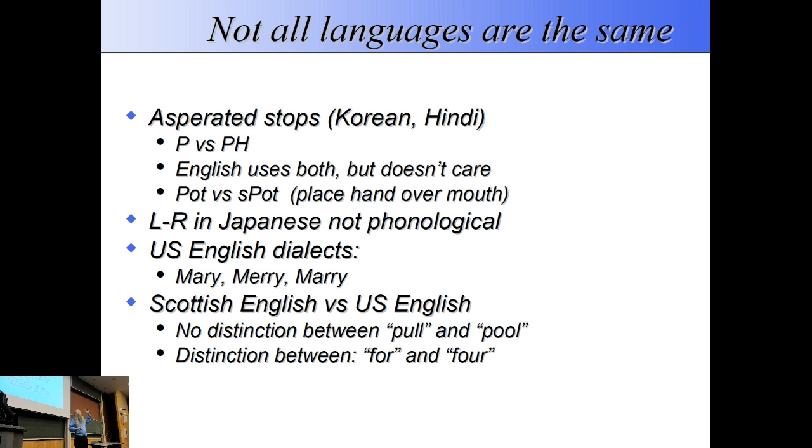Can I get an Indian to read them out? Mary, Mary, Mary. Okay. So in Indian English, there are 3 different vowels. I can't remember the order that I have them in. Same in British English. We have Mary, the girl's name. We have Mary, as in Christmas. And we have Mary, as in something to do with weddings.